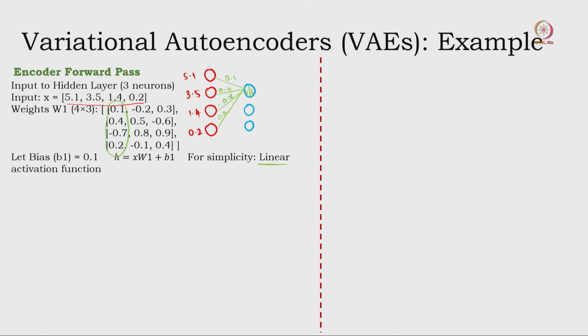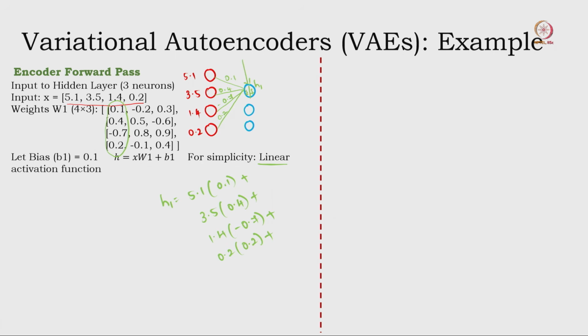So, this is the first hidden layer H1. How will we write H1? Can we write H1 as 5.1 multiplied with its weight, then the second input 3.5 multiplied with its weight, the third input 1.4 multiplied with its weight 0.7, and the fourth input 0.2 multiplied with its weight, and we will have a bias term.